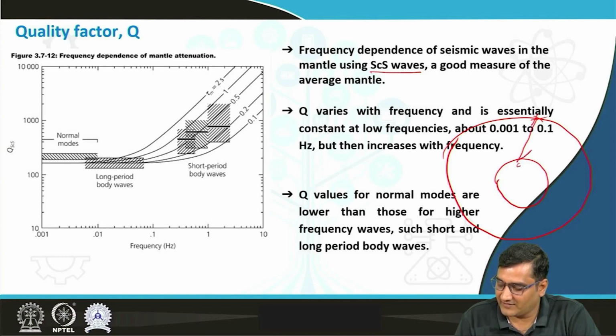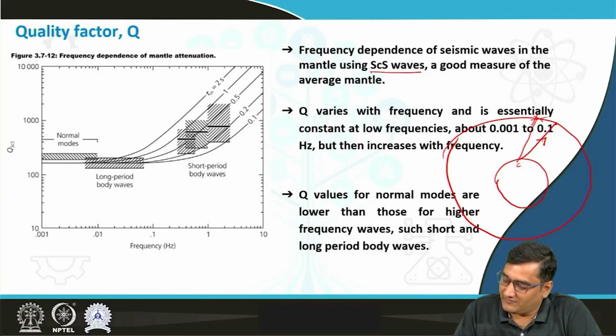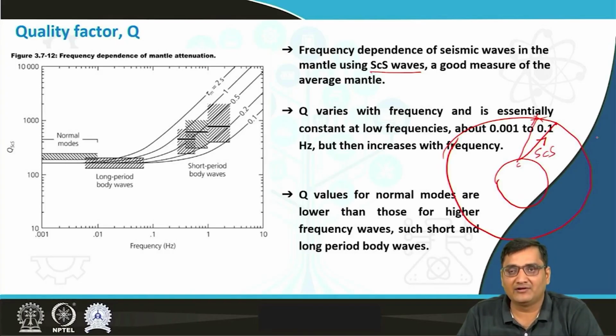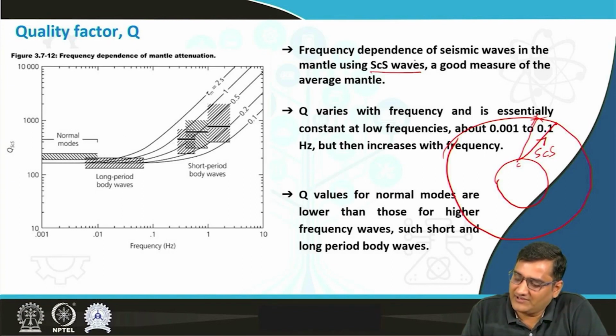After the reflection it travels as a capital S wave and is recorded at the surface, so the wave's name is ScS. Since it travels entirely in the mantle, it is a very good phase for understanding the properties of the mantle, and a very good measure to understand the average mantle physical parameters.